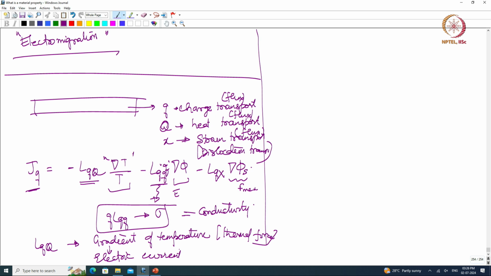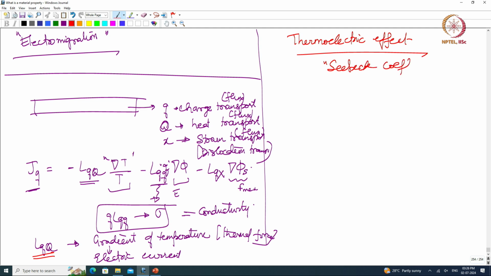Okay. So, this effect is what is called thermoelectric effect. Okay. And we will see that this coefficient is something similar to what is called Seebeck coefficient. I mean, it is something more than this, but we will have what are called Seebeck coefficients in thermoelectric effect. So, this is related to Seebeck coefficient. This is related to L_qq is related to conductivity.